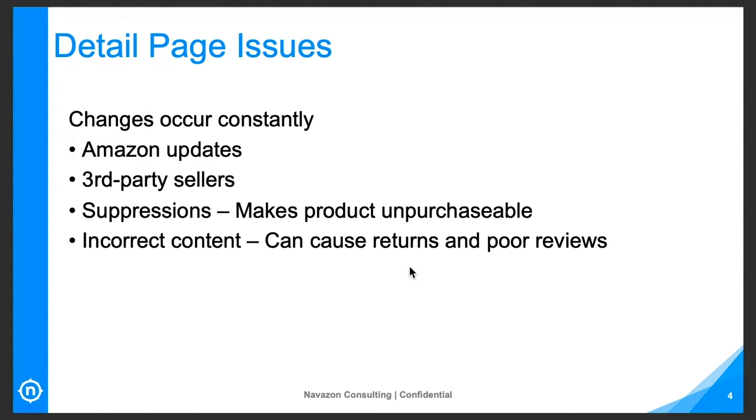You can have detail page suppressions where your products are unpurchasable, so they're not even available to the customer. And you can have incorrect content, which can lead to poor reviews and higher customer returns, which in turn could make Amazon raise your damage allowance. So there are a lot of issues that can occur just from incorrect content on your detail pages.